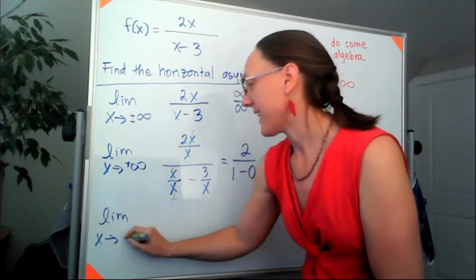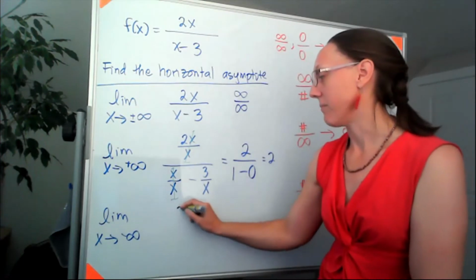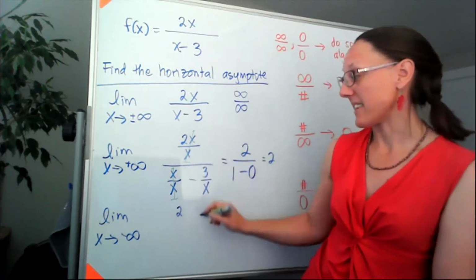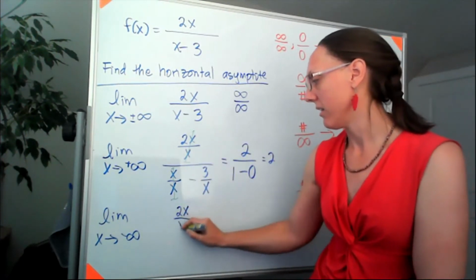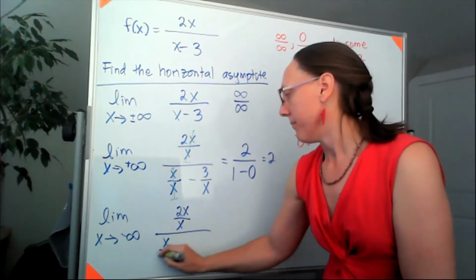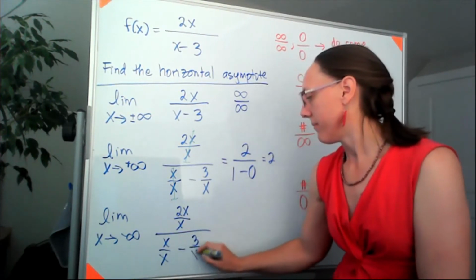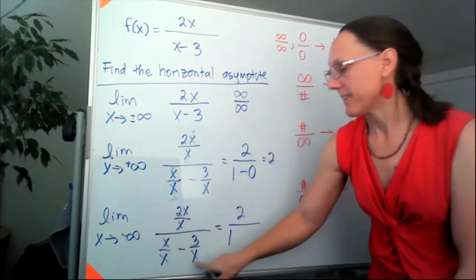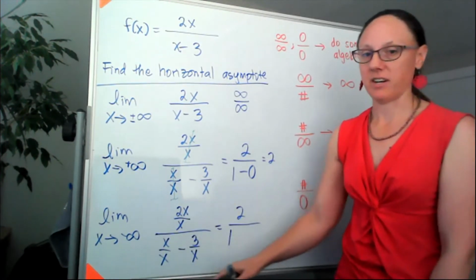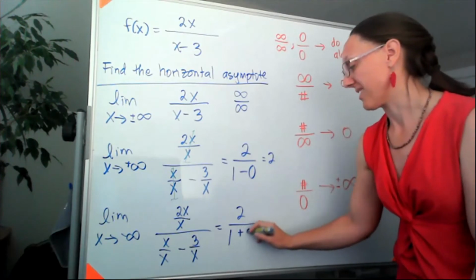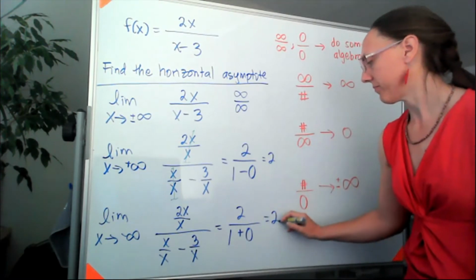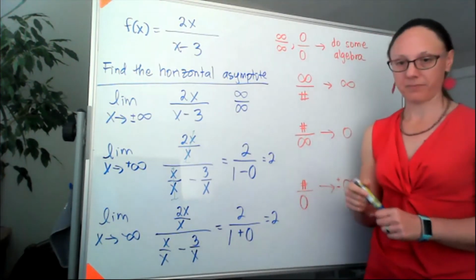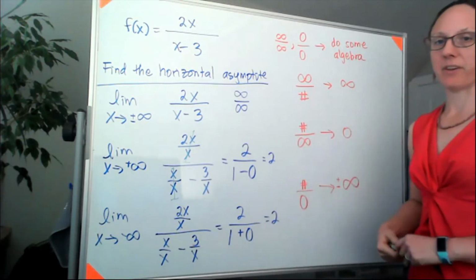So the limit as x approaches negative infinity, we would be doing exactly the same math here. But what would change is in the denominator, because that x is headed to negative infinity, this would actually look like 1 plus a 0. We still get the 2. We'll just be careful about the notation there.